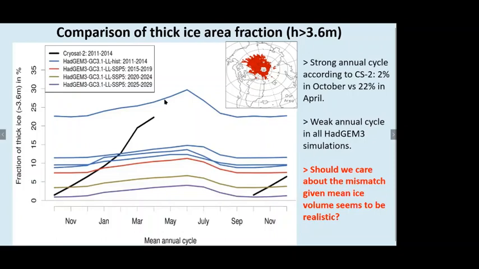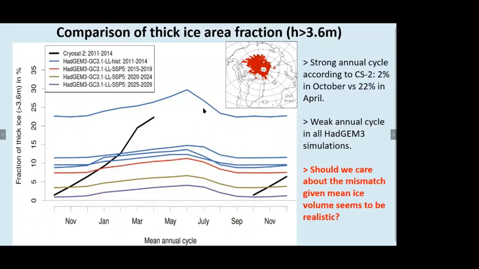If you see this black line, and if you look now at the HM3 historical simulations in blue, we see that we have hardly any annual cycle. So the amount of the thickest ice is more or less the same during the whole year.